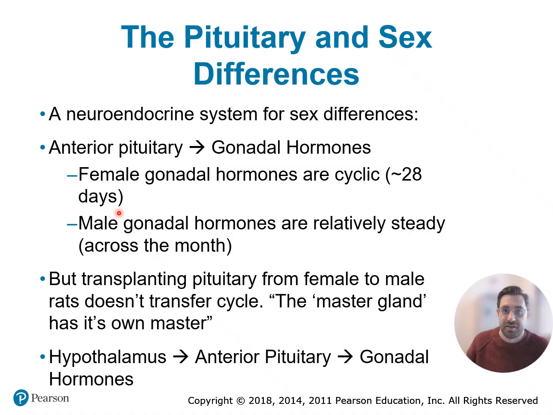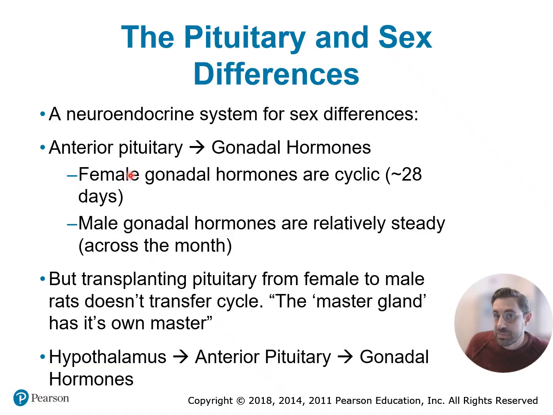Okay, many females out there will be able to relate to this cyclic release of different hormones throughout the month. Male gonadal hormones are relatively steady across the month. They may vary from time to time. Okay. This cycle, or lack of cycle, is controlled not by the gonads themselves, not by the ovaries or the testes, but by the pituitary gland.